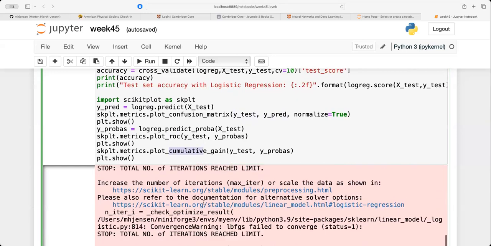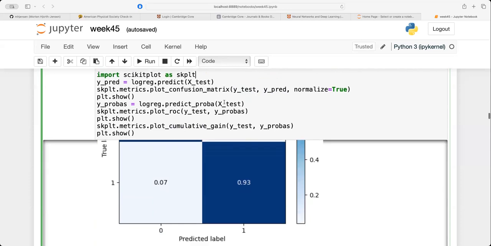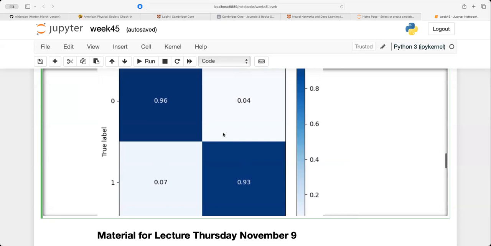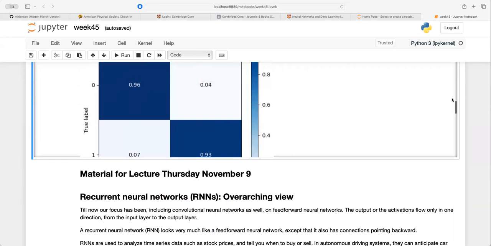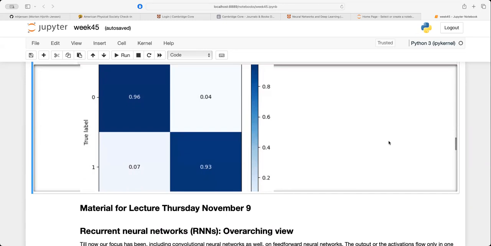And if you look at it, let me just bring up the confusion matrix. This is normally the quantity I like to study, because I think it quickly gives me an intuition about what is going on here.